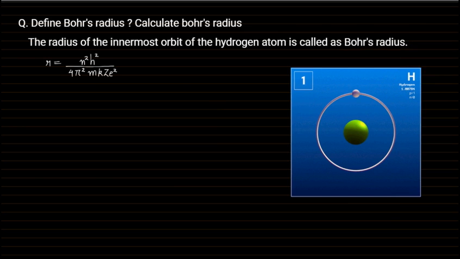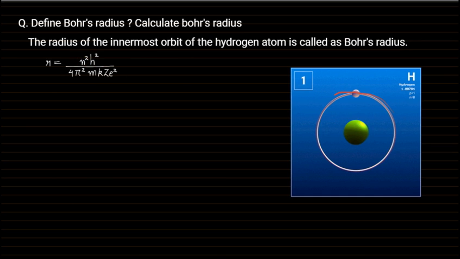So we know the expression for the radius. It is n square multiplied with h square upon 4 pi square mkze square. Now here, this n denotes the number of the orbit, in which orbit you are considering.